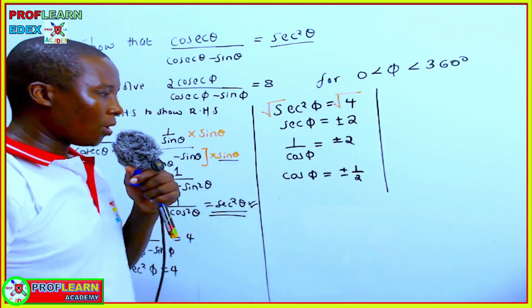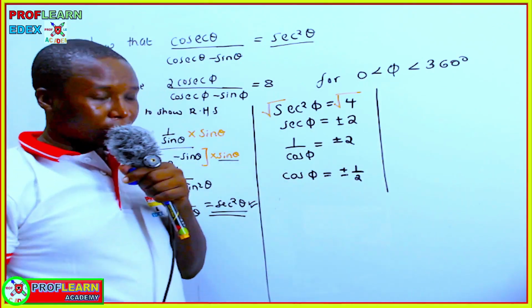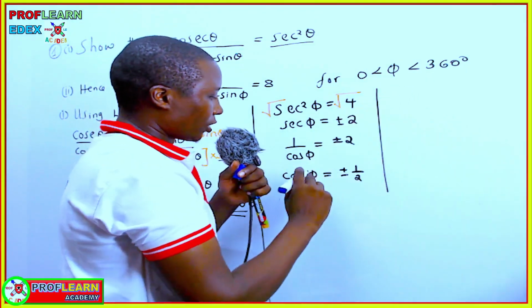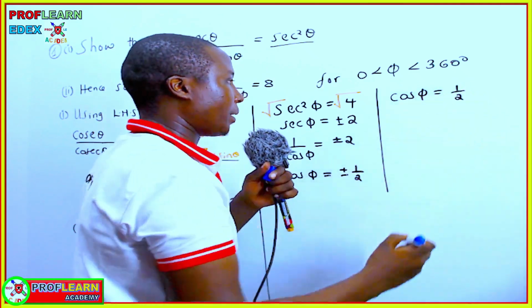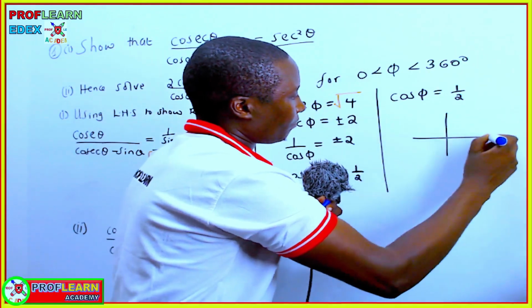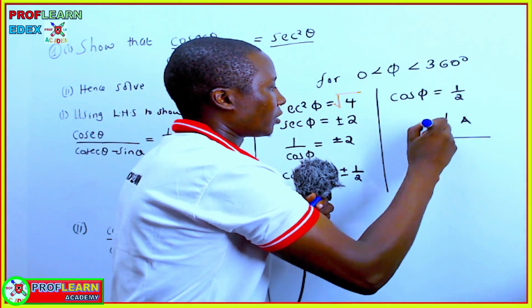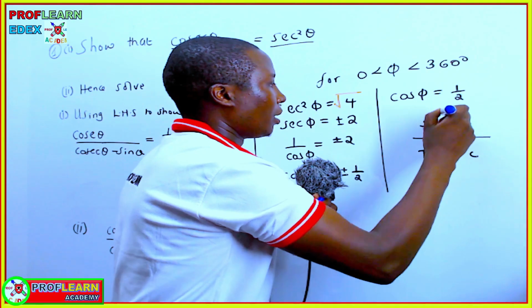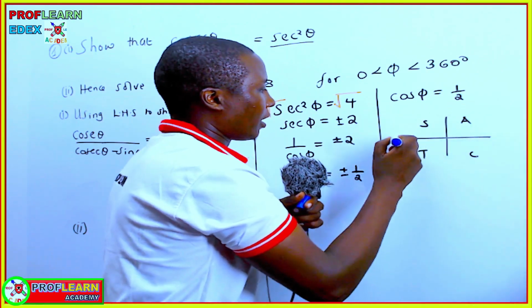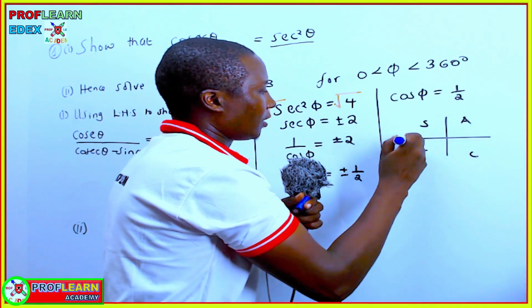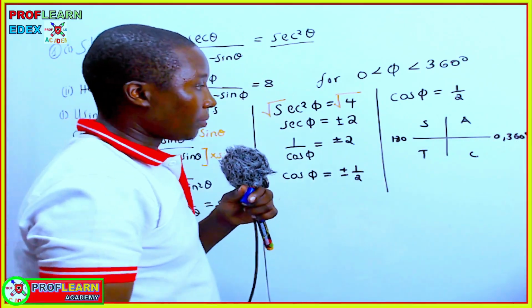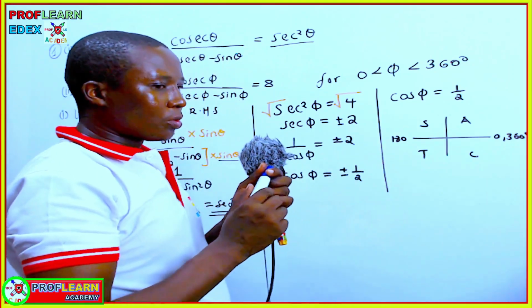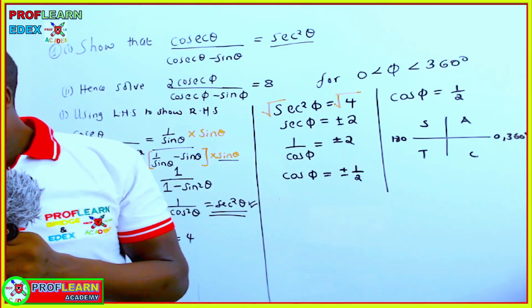Okay. Now, whenever we are going to solve this, our first solution will be cos phi equals 1 over 2, the positive, where cosine is positive. So we have the 4 quadrants, All Students Trust Cambridge. So here we have 180, this is 0, and this is 360 degrees at this given point. Now, in which quadrant is our angle going to be?